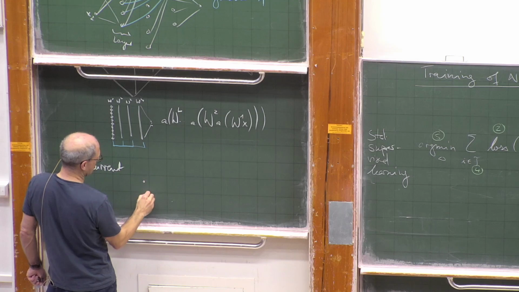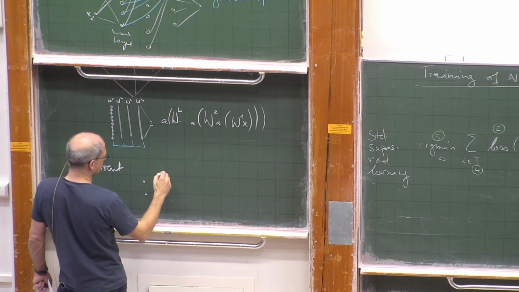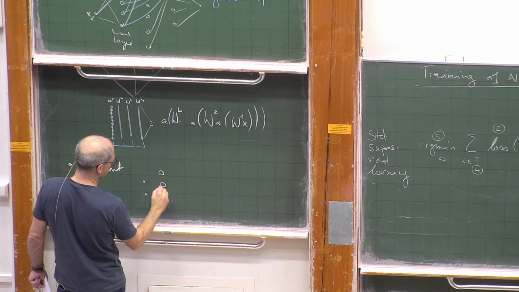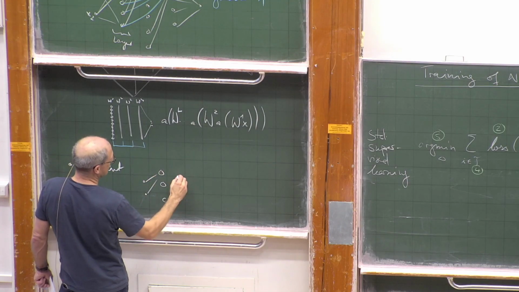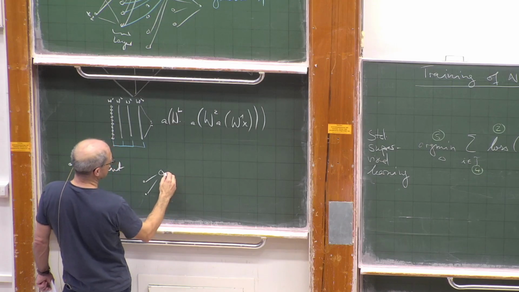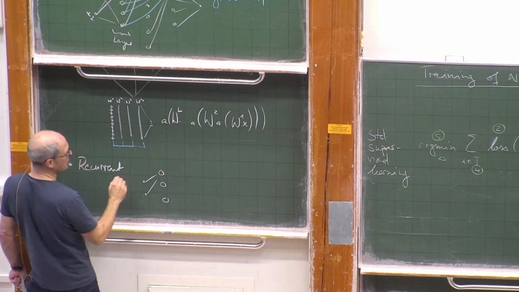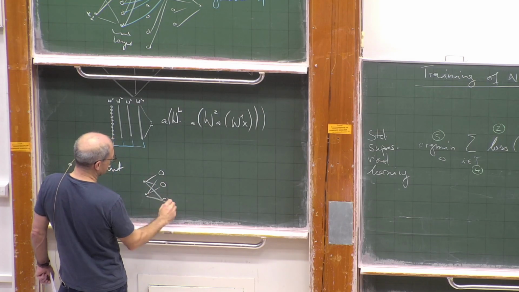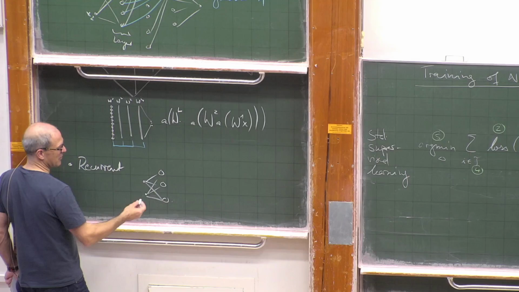And so I might have two inputs, and I might have a couple of perceptrons here. And now these recurrent neural networks are most often used on time series data or on sequential data.